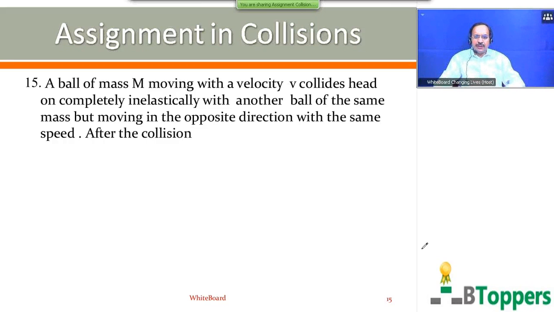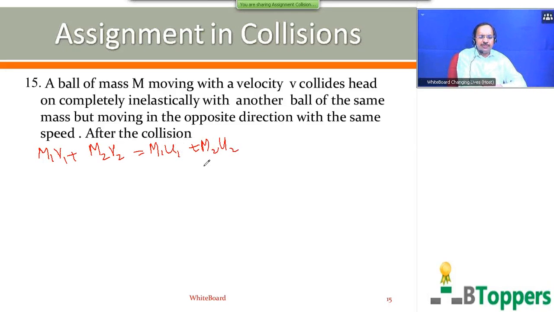A ball of mass m moving with velocity v collides head-on completely inelastically with another ball of the same mass but moving in the opposite direction with the same speed. In any one-dimensional collision, whether it is elastic or inelastic, you can write m1 v1 plus m2 v2 equal to m1 u1 plus m2 u2.